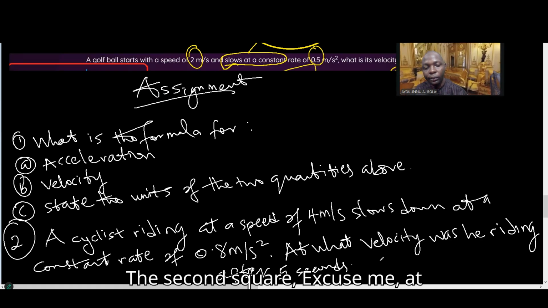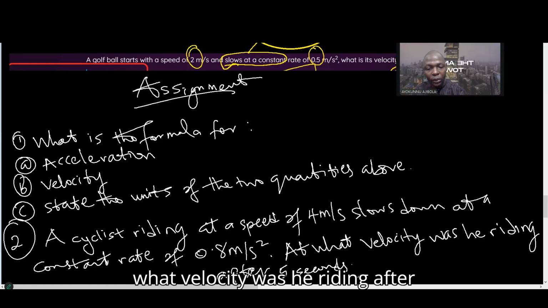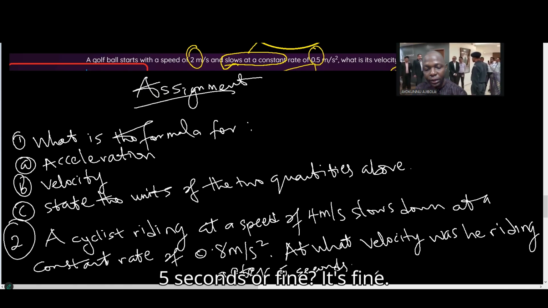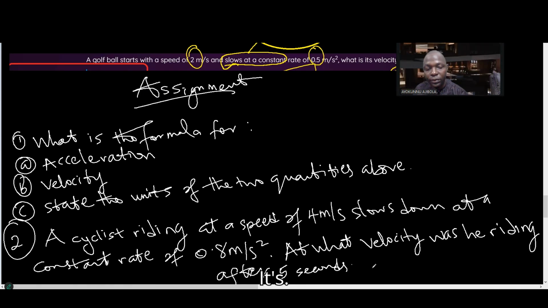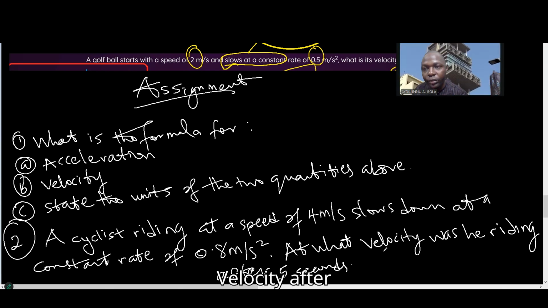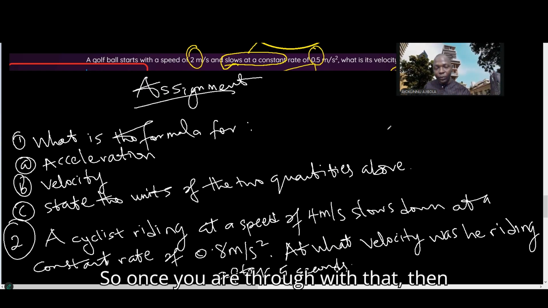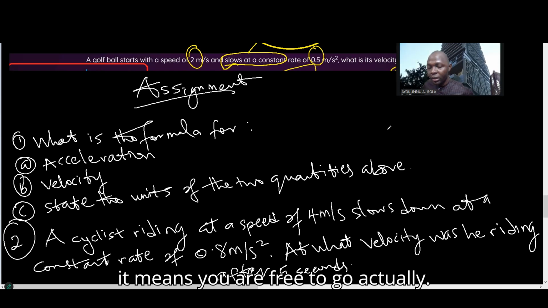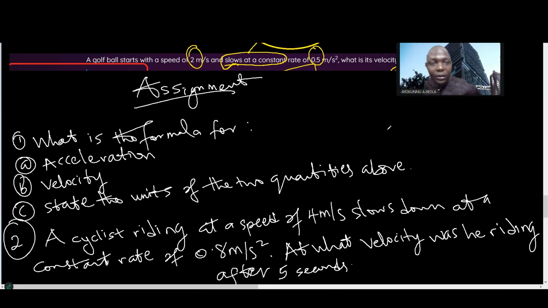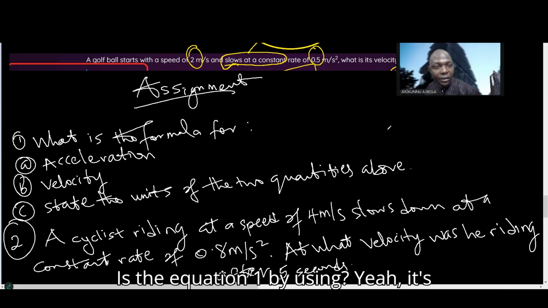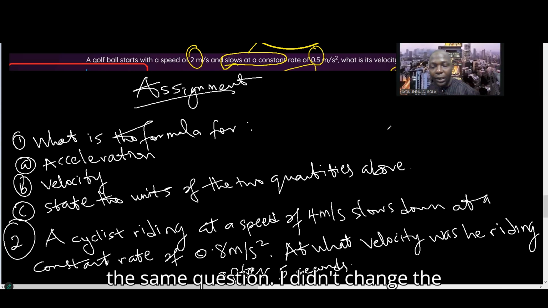At what velocity was he riding after 5 seconds? Or find its velocity after 5 seconds. Once you're through with that, you are free to go. It's the equation one we're using. It's the same question, I didn't change the question.